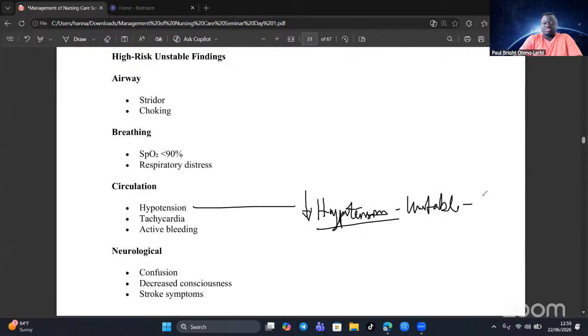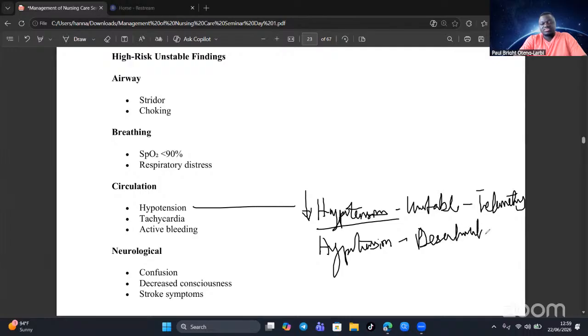We will put the patient on telemetry. But we will also get another patient with hypotension who has a new onset of what? Respiratory problem or desaturation.